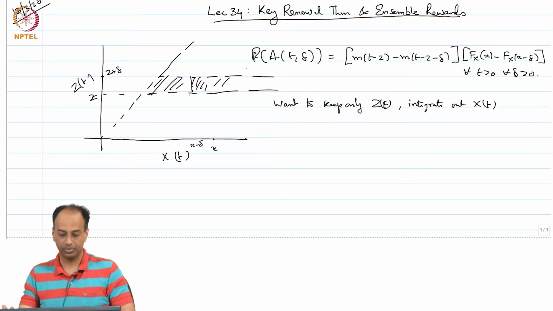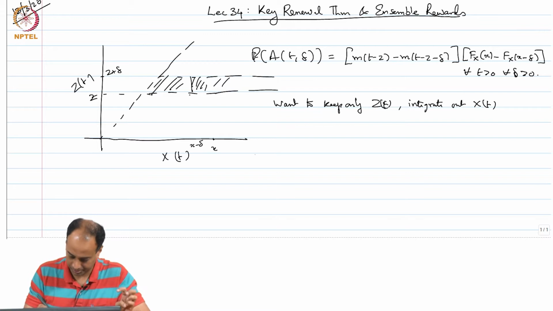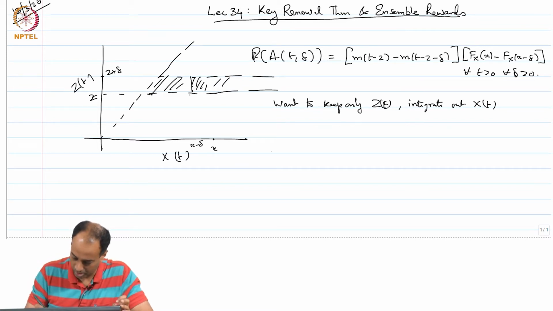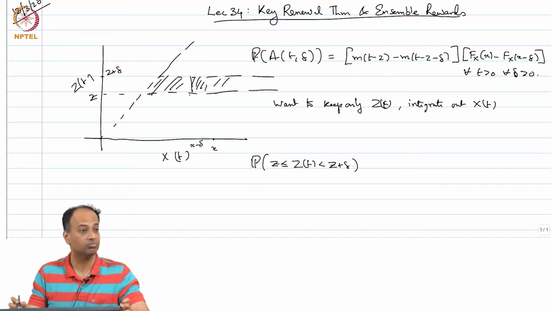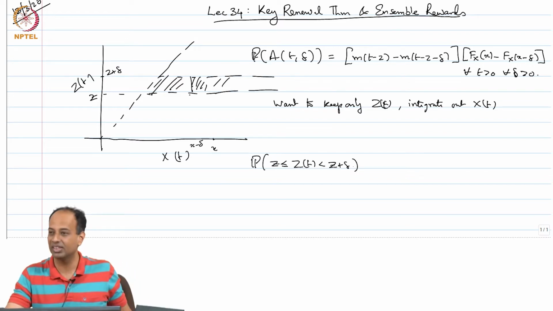So, what will I do? I want to look at the probability that z is less than or equal to Z(t) less than z plus delta. This will essentially give me the CDF of Z for some finite t.